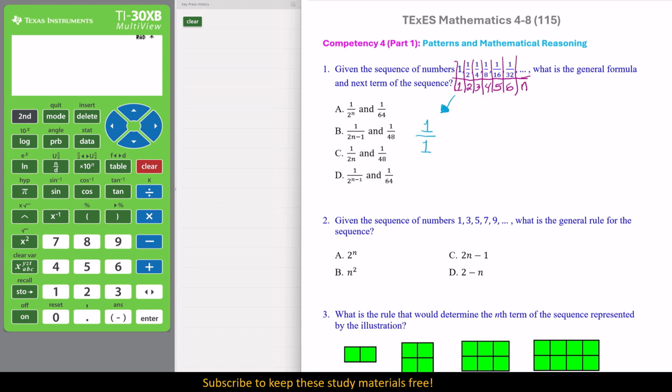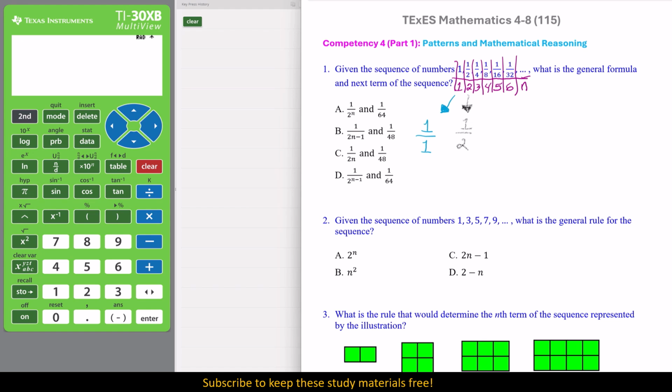But that breaks down when we go to the next position, position 2. Well, when we're in position 2, we have 1 over 2. Okay? So we need 2, the number 2, but we also need to incorporate n, which is the position.